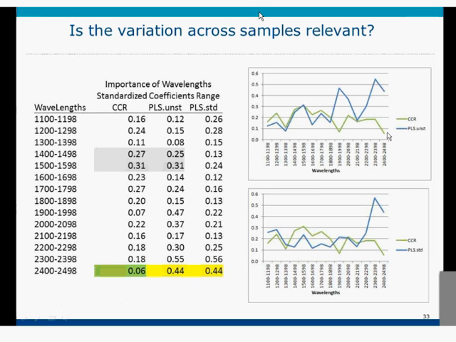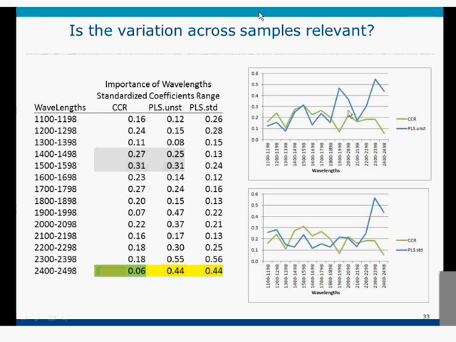So if we look at the standardized, this is the plot of these numbers, peak-to-peak range here for CCR versus PLS. And you see that for the most part, on these ranges, there's agreement.